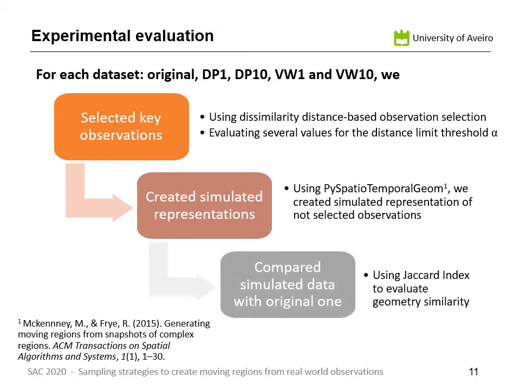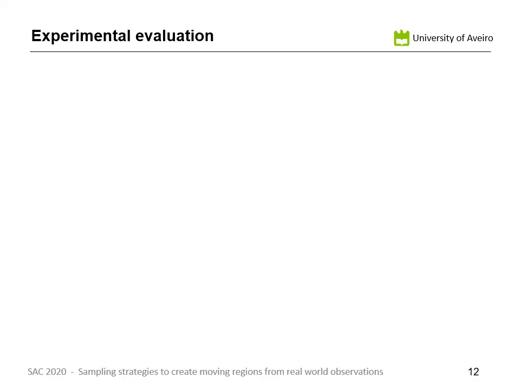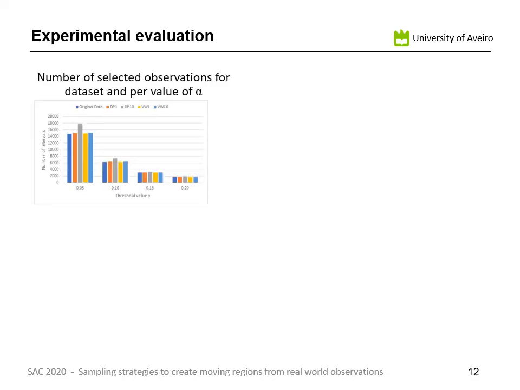We compared simulated geometries with the real ones. The number of selected observations decreased as the threshold value for maximum distance increased. When using the maximum distance of 0.2, the number of selected observations was of about just 8% of the original number.